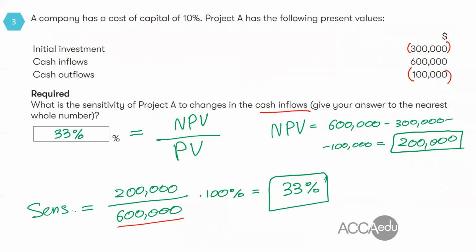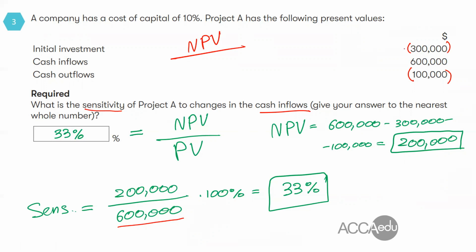For the third, we're asked about the sensitivity of the project. Sensitivity is found by the NPV divided by the variable, whatever it is asked. So in this task, it's the sensitivity of the project to the cash inflow. First, we should come up with the NPV.